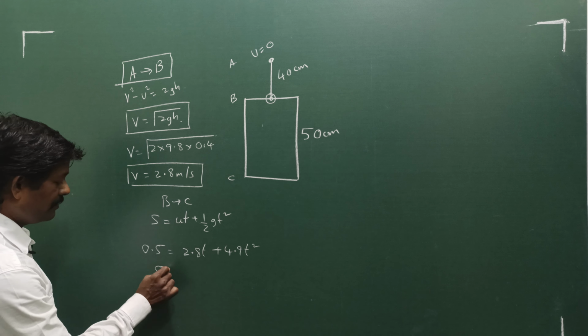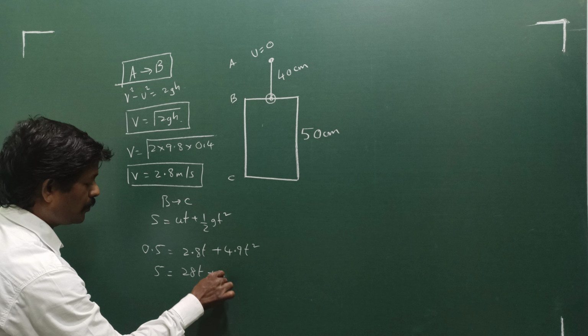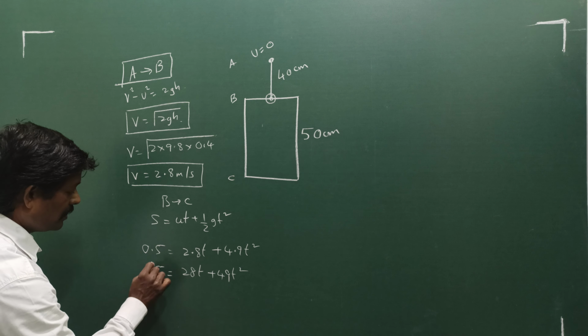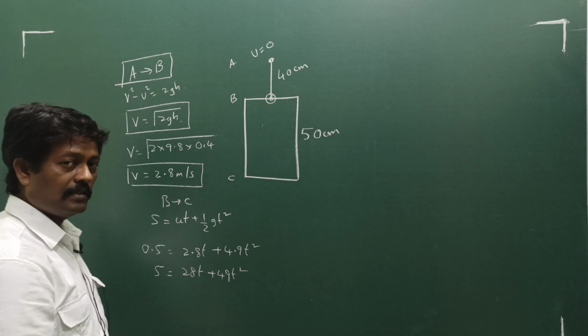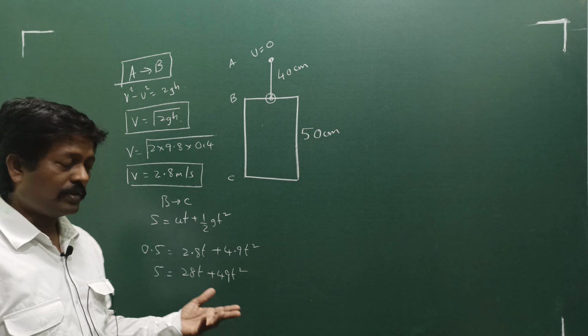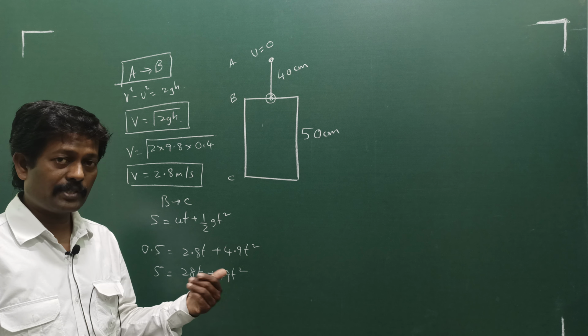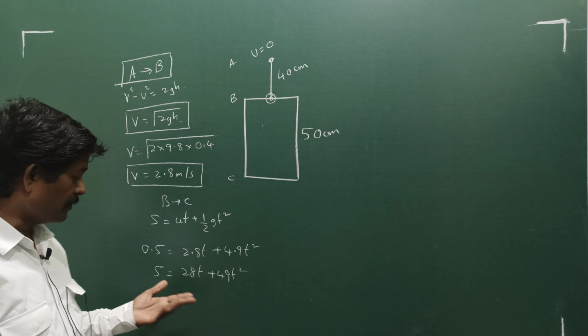So this is 5 equal to 28 t plus 49 t square. That is a quadratic equation in t. So it is a tedious process. You have to find the factors, or you have to use t equal to minus b plus or minus root of b square minus 4ac by 2a, that formula.